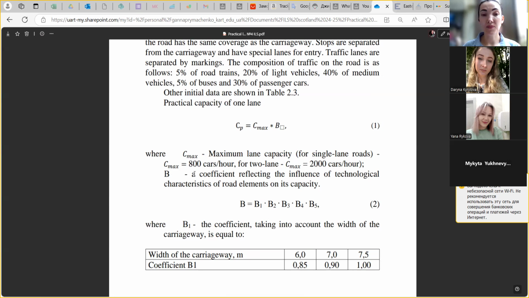We can see here that coefficient B reflects the influence of the technical characteristics of road elements on capacity. So write in your paper or document that B is this, and we find all these coefficients: B1, B2, B3, B4, B5, and others. Okay, write in your papers. One minute, please. Excuse me.